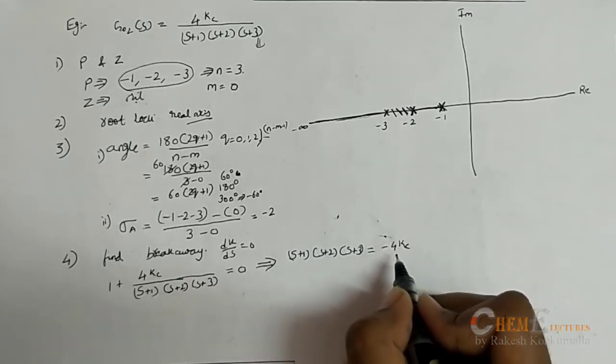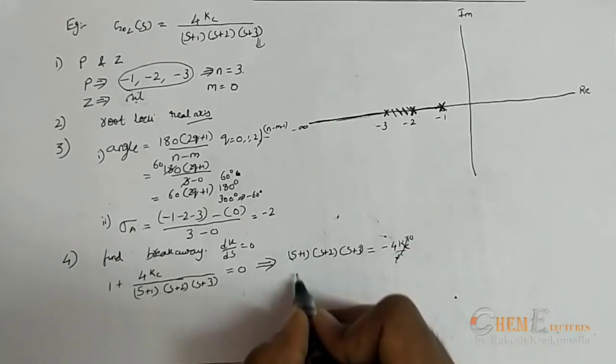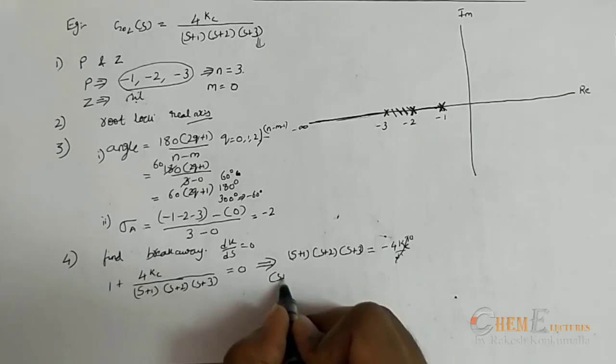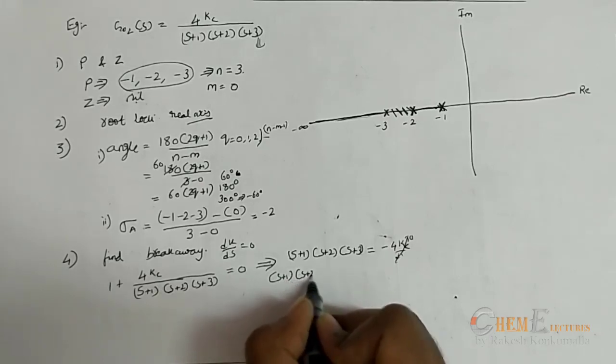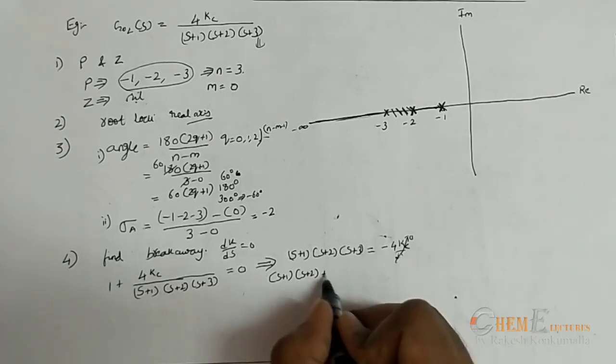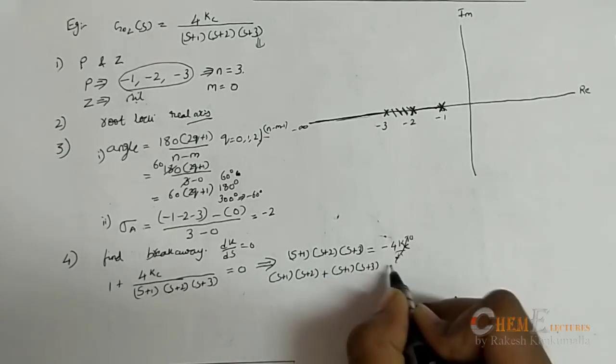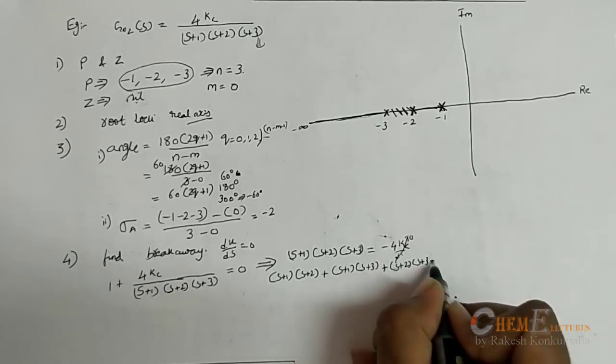Differentiating with respect to s, then dk by ds will be 0. Then the differentiation of this will be (s plus 1)(s plus 2) times d by ds of (s plus 3), which is 1, plus similarly (s plus 1)(s plus 3) plus (s plus 2)(s plus 3), which is equal to 0.